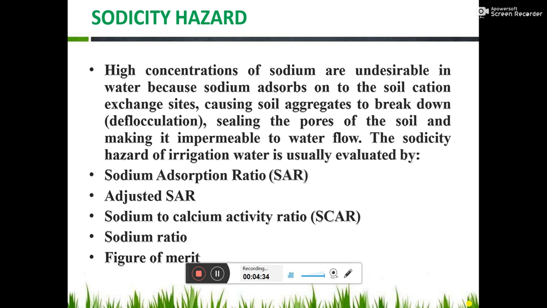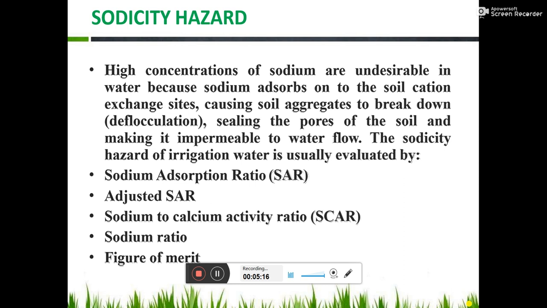If the sodium concentration in the irrigation water is high, it causes soil aggregates to break down, that means deflocculation, sealing the pores of the soil and making it impermeable to water flow. All the macropores and micropores are sealed with these sodium ions, that's why the water is not permeable.